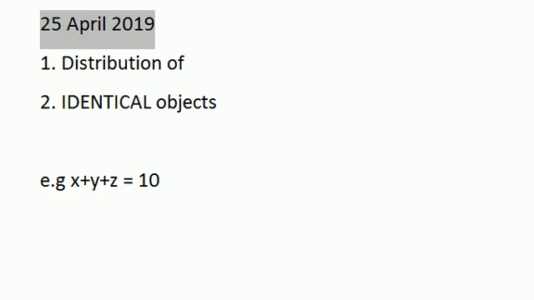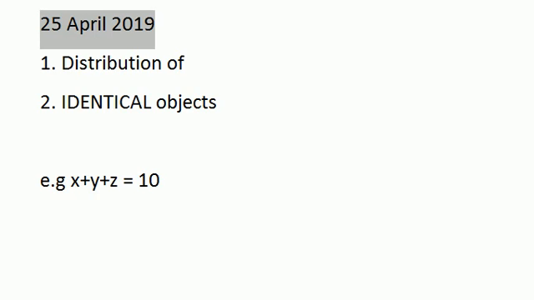So now can you see that the number of solutions of this equation is exactly the number of ways in which 10 identical objects can be distributed among 3 people, isn't it? Because the same problem has been written in the form of an equation. Therefore the answer of these two problems will be the same.